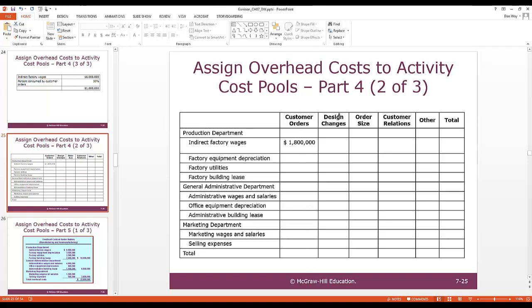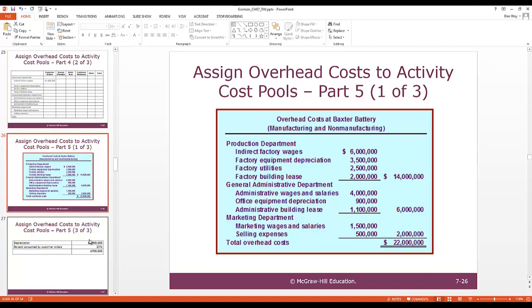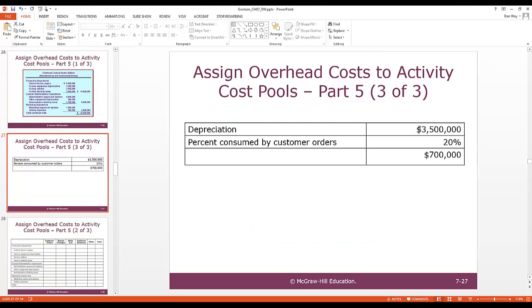Again, our cost pools are the columns in this particular matrix. Similar idea for our other costs. Depreciation was next up at $3.5 million. We had determined that 20% of that is consumed by customer orders. So we're going to take 20% of that depreciation cost and stick it in the customer order cost pool.